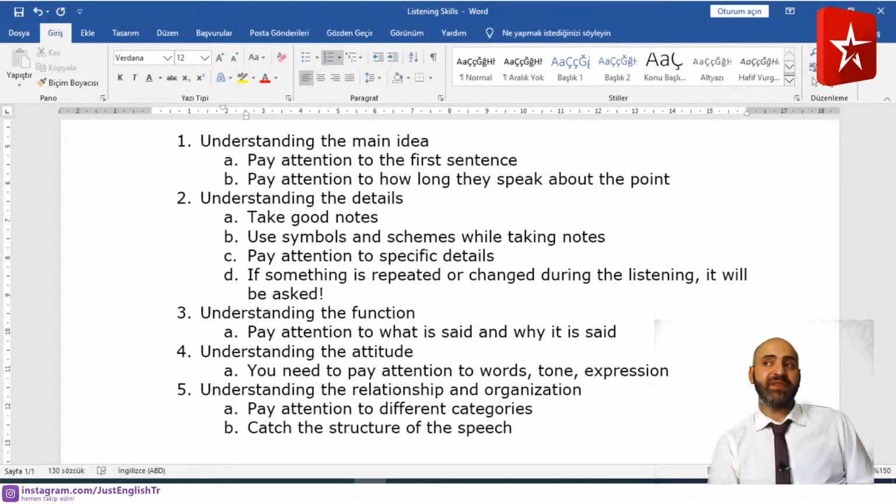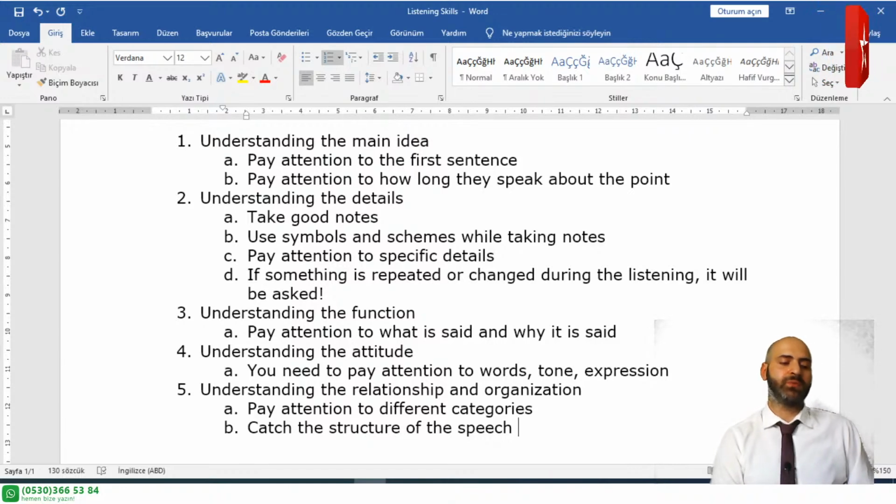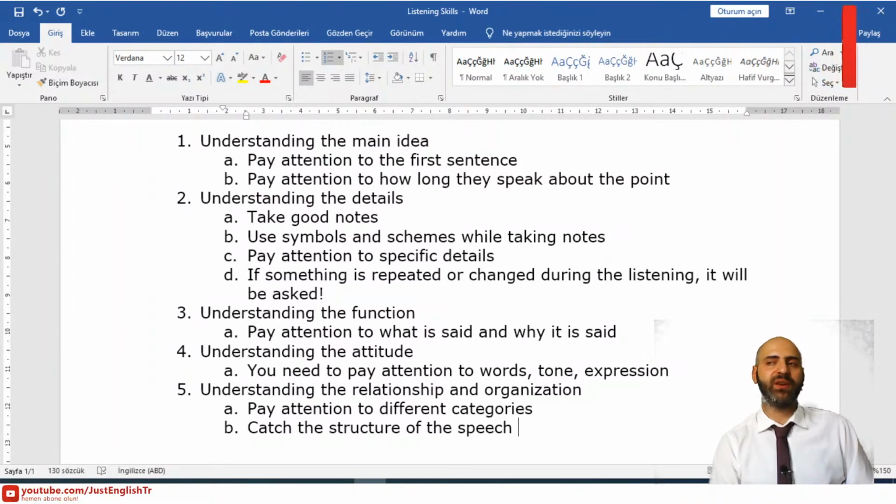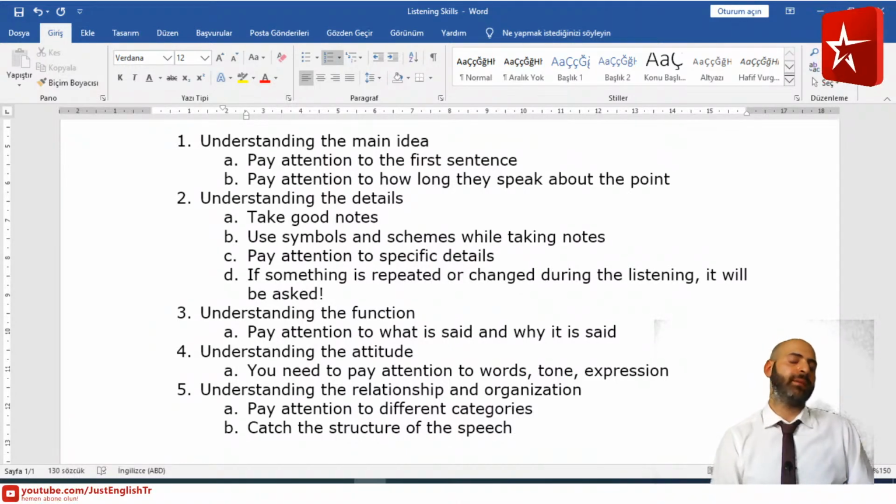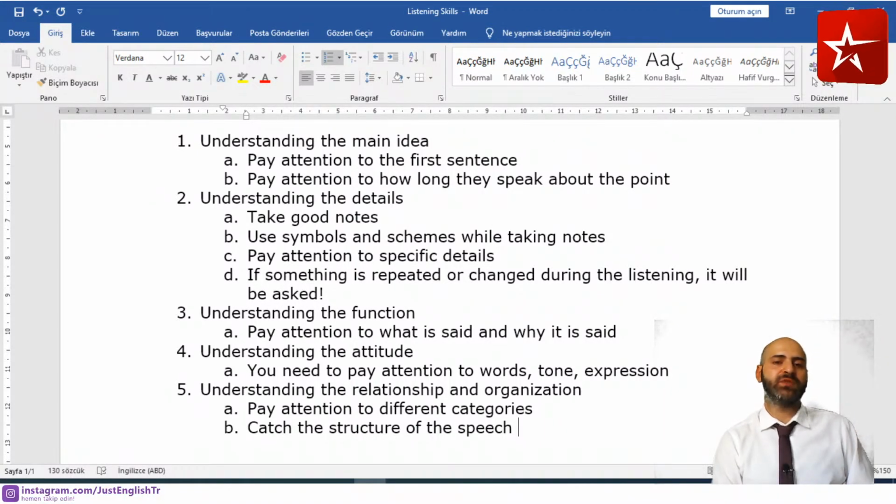For example, the professor starts maybe with 2 theories, and at the end of the lesson he proves one of the theories to be true and another one incorrect. Okay, or maybe the professor gives some examples and then based on these examples explains some theories. For these kinds of questions, it will not be a conversation between two people, but usually this kind of question will be asked for lectures.